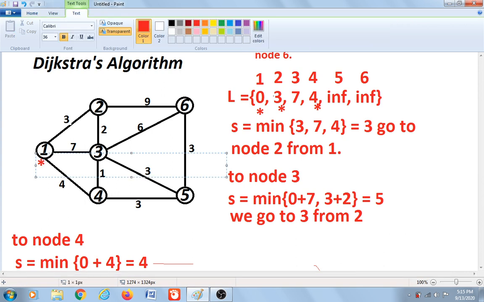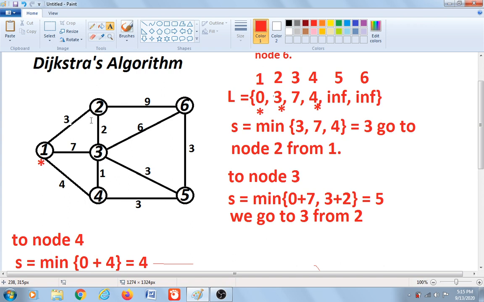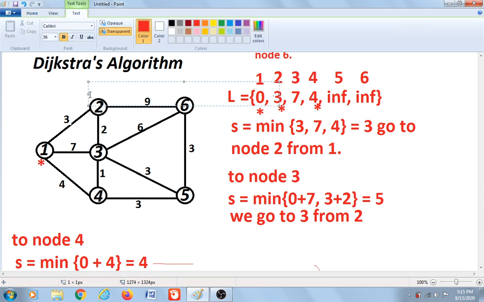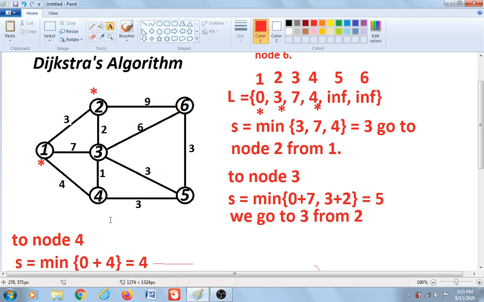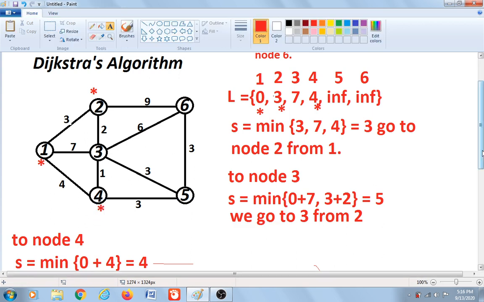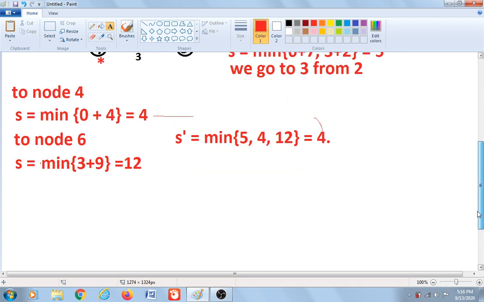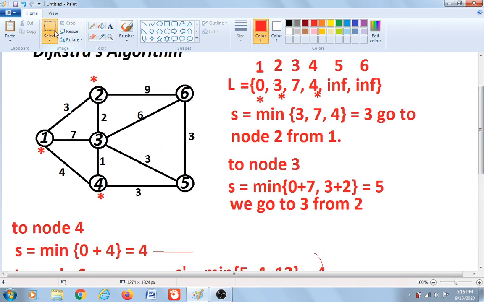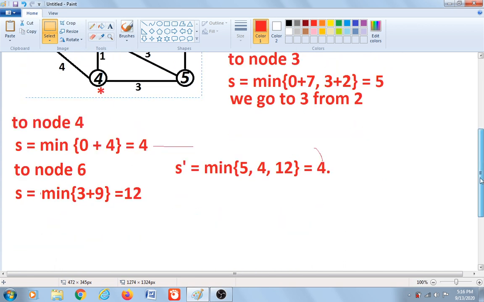We have the label for 1, the label for 2, the label for 4. Okay, so we will always need the network, so I'm gonna copy it down here.